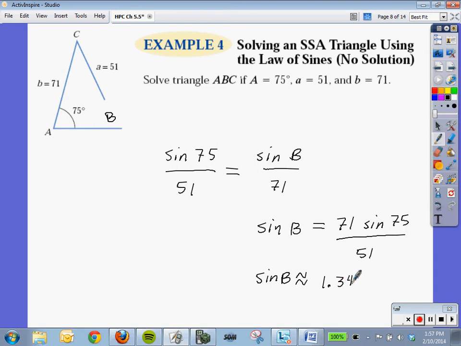Now, right away, some of you guys should be like, oh, wait a second here. That doesn't make any sense, right? Think back to your sine graph. Here's 0, here's pi over 2, pi, 3 pi over 2, 2 pi. Here's 1 and negative 1. The sine of 0 is 0.